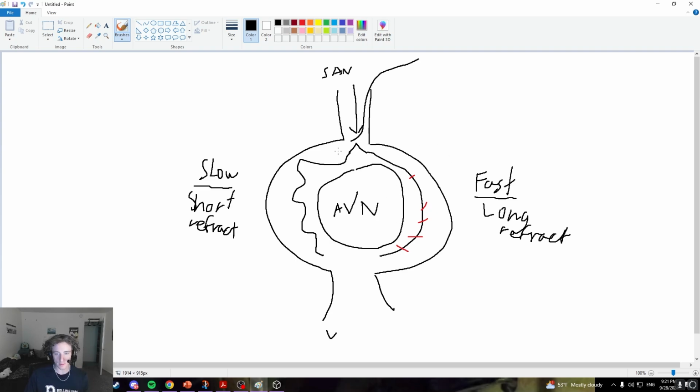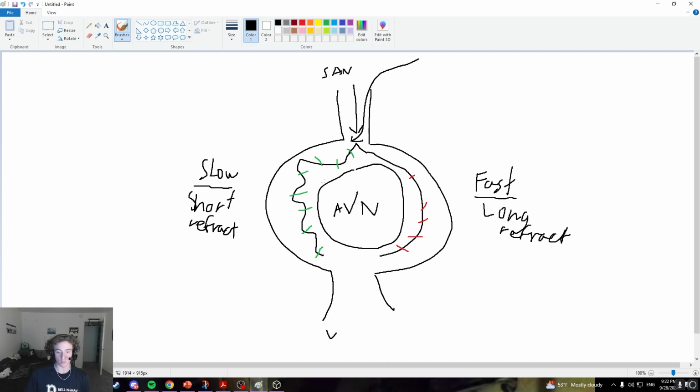But the slow pathway is going to be able to take that up because it has a short refractory period, so it's already going to be good again. So now it's going to take that signal down. So this is going to be an ectopic, a bad signal, right? It's going to take that signal down its slow pathway.